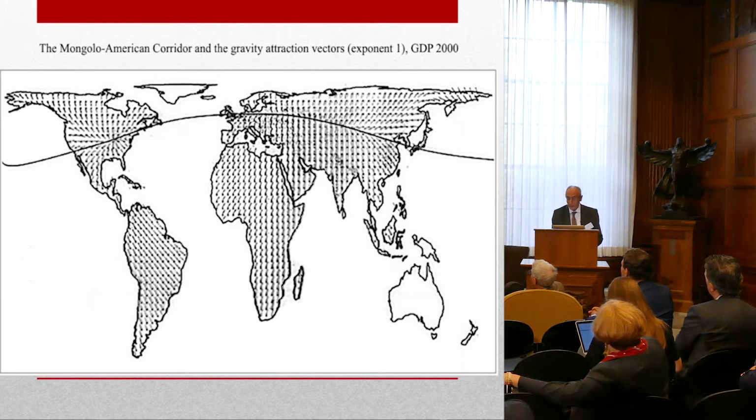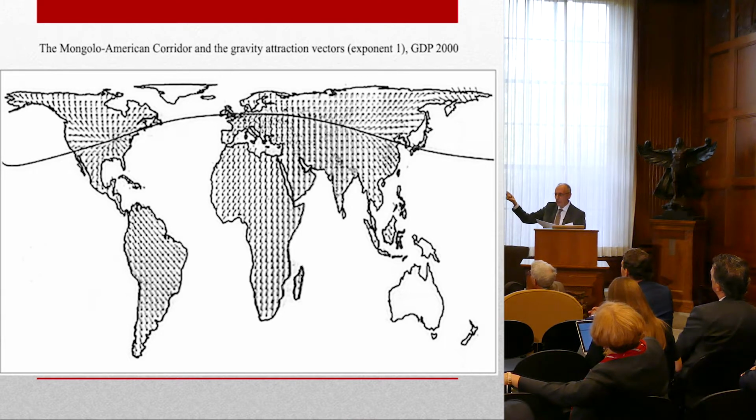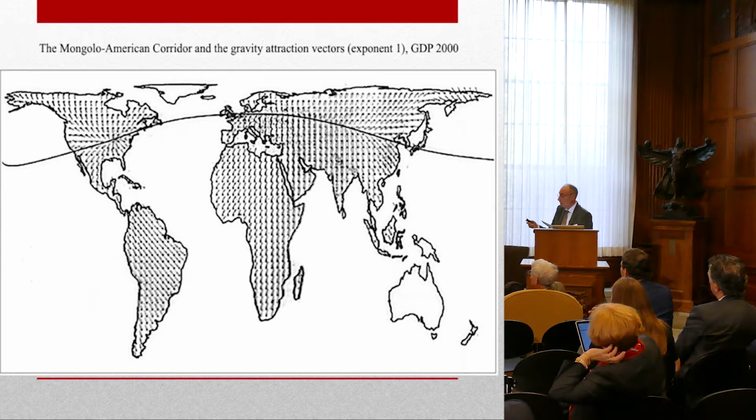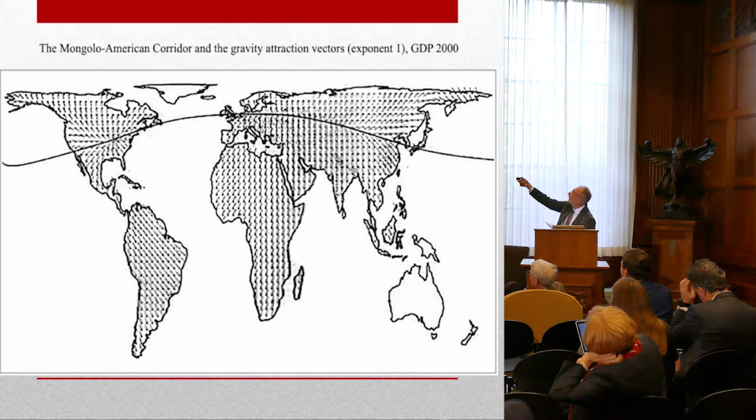You see the vectors. You are an African, for instance, and you are attracted by the largest productions that exist.